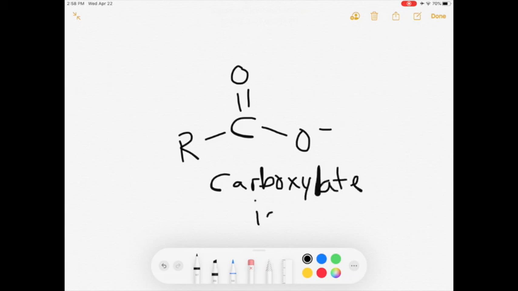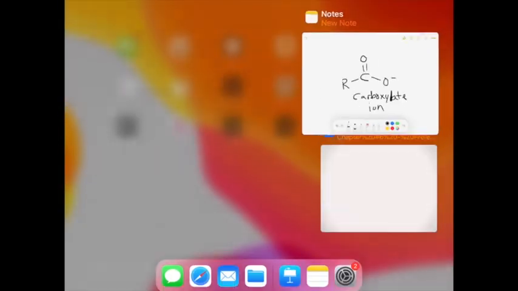Let me write this out. Carboxylate ion. We'll talk more about these in just a little bit. But that's what happens because they are weak acids, they will establish that equilibrium.